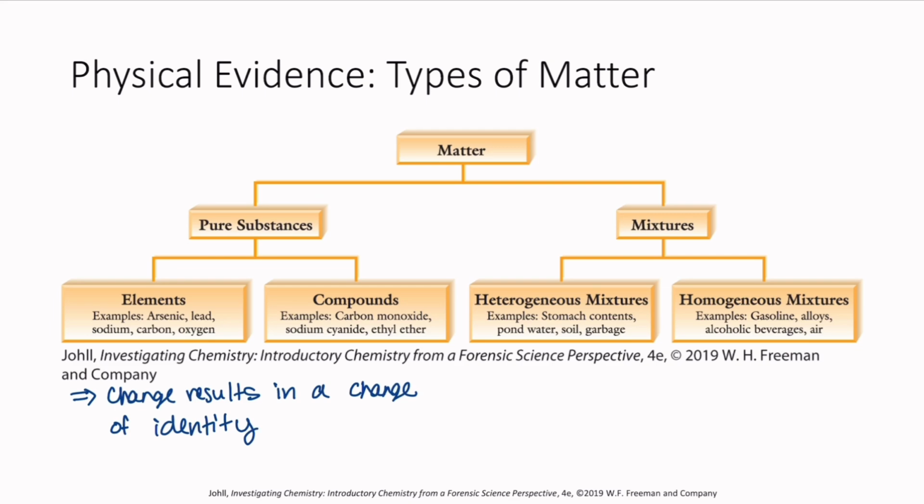So if I have a compound, say water, which is H2O, and I change that and I take one of those H's away, I have now changed the identity. All right. This OH is very different than H2O.